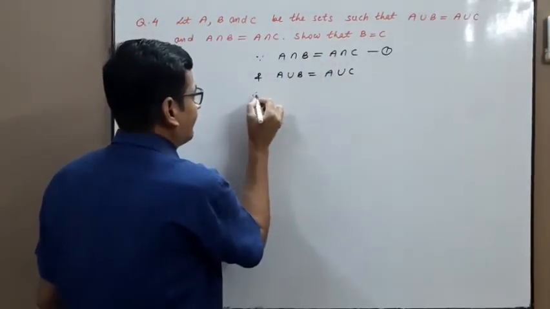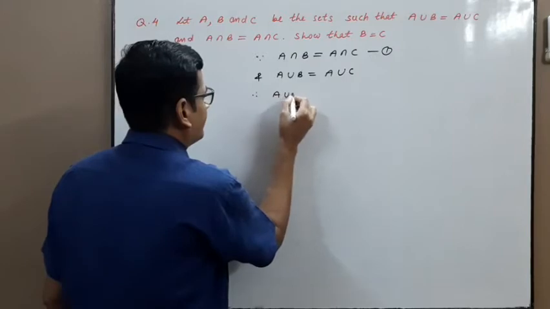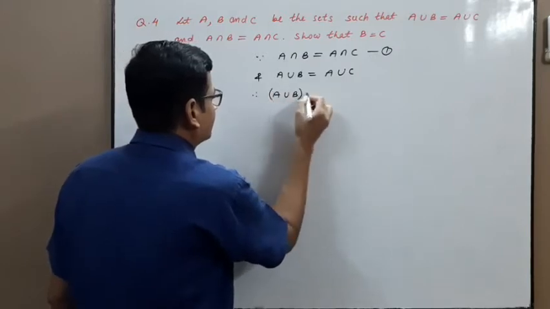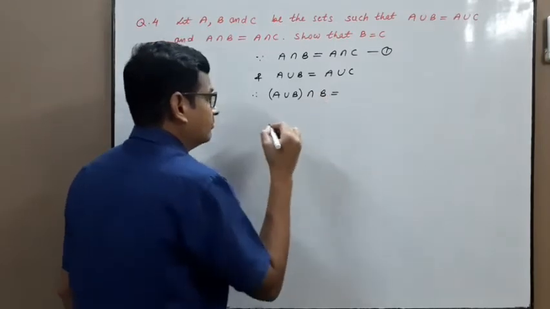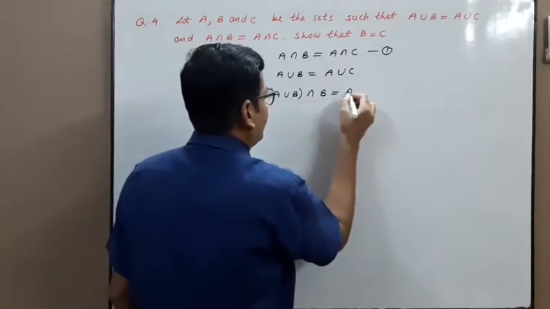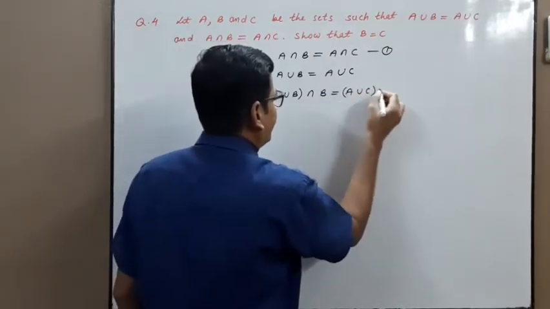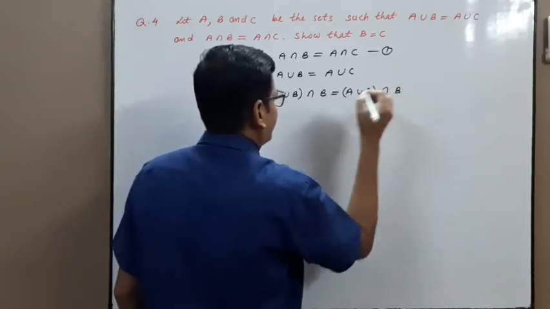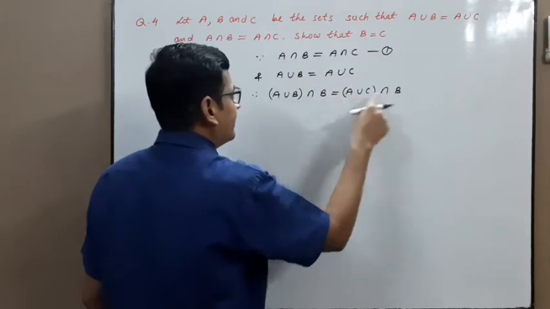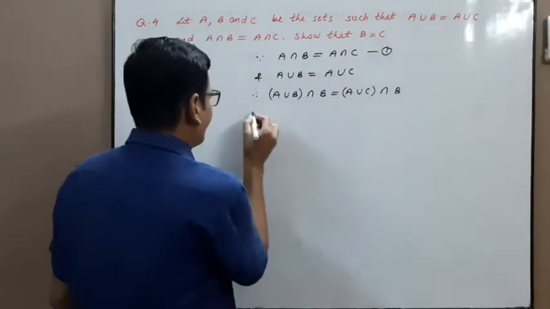So next step, therefore A union B intersection B is equal to A union C intersection B. Intersection of both sets with B is also equal.